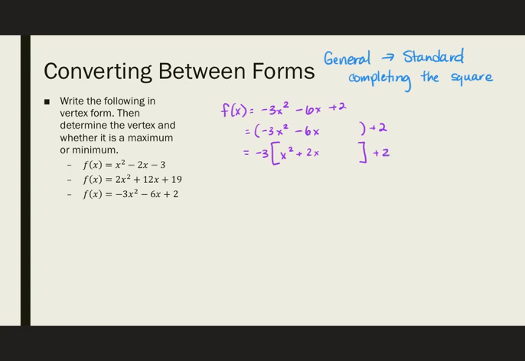And once we've got that out of there, now we're going to complete the square. So I have 2 over 2 squared, which is 1 squared, which is a 1. So we're going to add 1 and subtract 1. So I've got negative 3 times x plus 1 squared minus 1 plus the 2 outside of the parentheses.